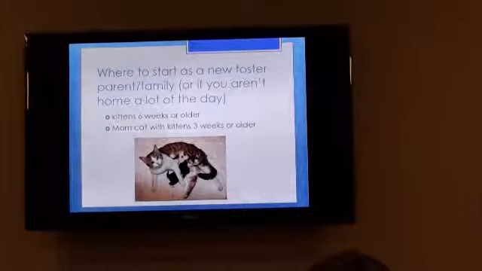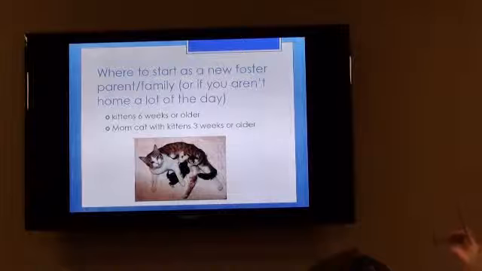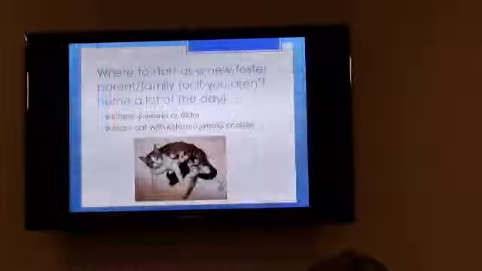So beginners should probably start with kittens that are 6 weeks or older. They're the easiest ones. They know how to use the litter box. They're eating on their own. And basically what they need is just to be held and exposed to normal living in a house. And you want them around kids.